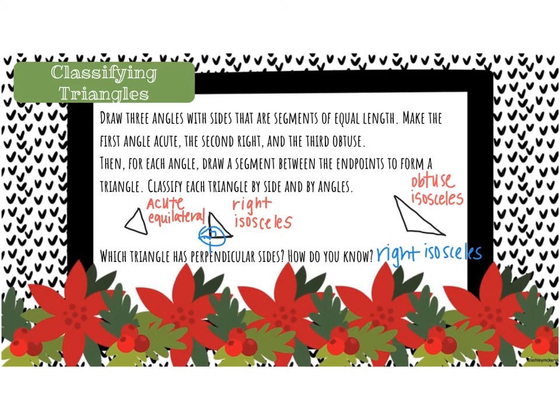Both of the lines need to be different lengths. So mine looks like this. I drew an acute angle, but my lines are different lengths. Then close it to form a triangle.